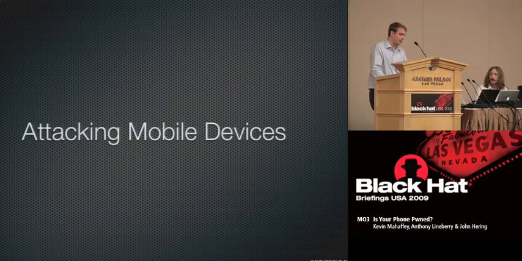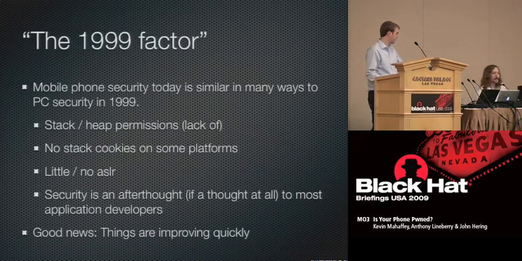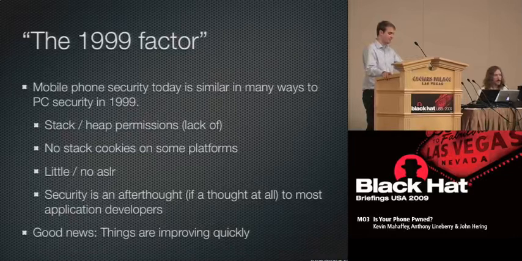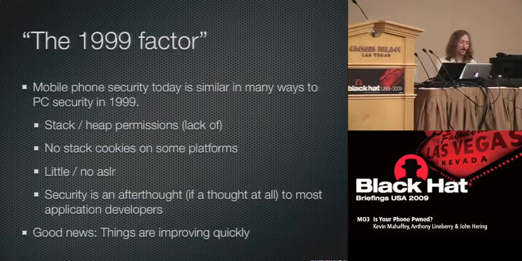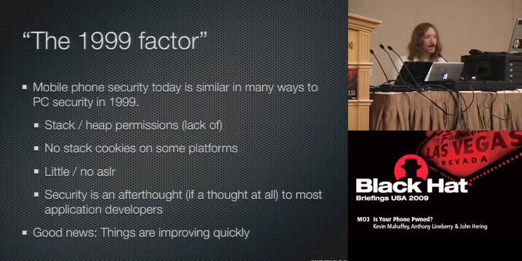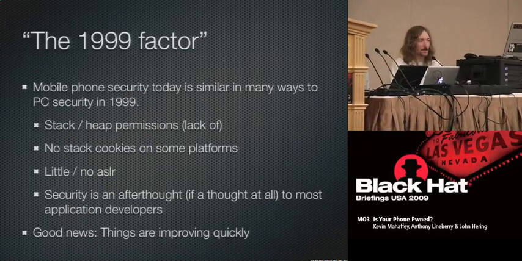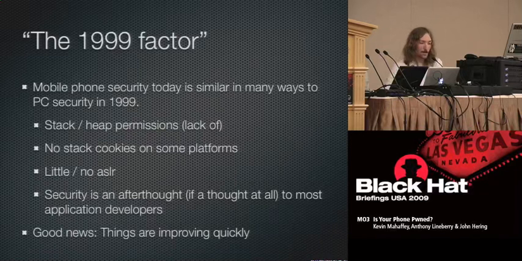So we talked about how we're auditing. Let's talk about actually attacking mobile devices. The mobile landscape is what we like to call the 1999 factor, which is probably a slight exaggeration. It's probably not quite as bad, but right now the state of mobile security is very similar to how it was before everyone started caring about security in the desktop world, where no one had all these protections in place.